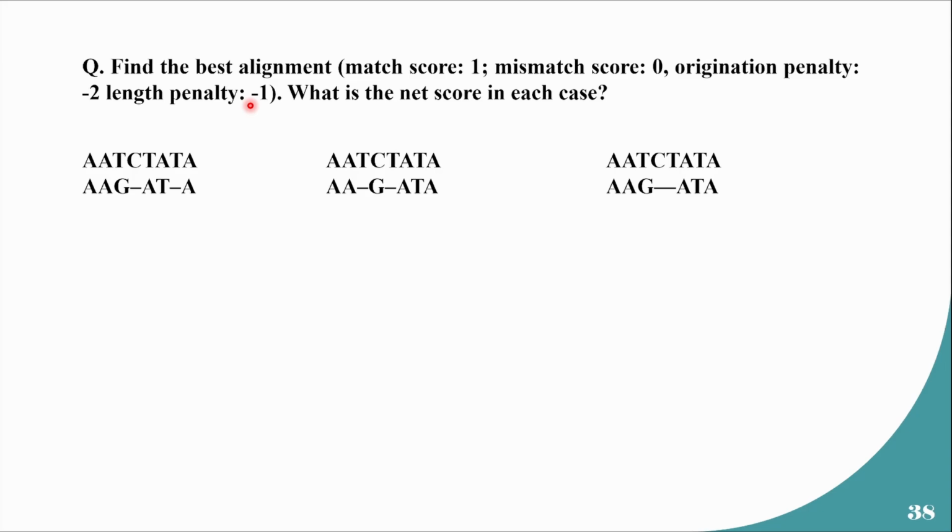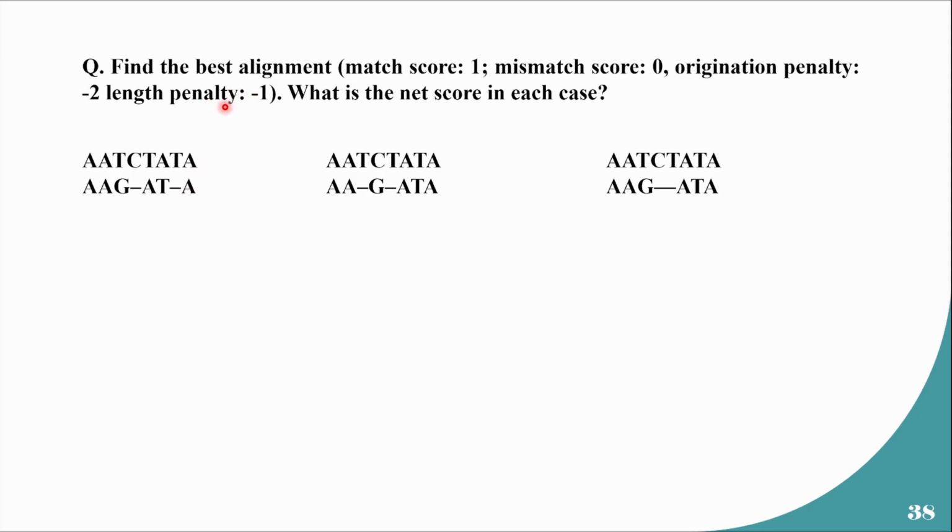So what happens is that throughout evolution, introduction of gaps in sequences is not favored. Again, if there is a mismatch, that is called a substitution or mutation. That is also not favored, but the introduction of a gap is even more unfavored, you can say, right? So every time you see a gap, you have to give a length penalty.